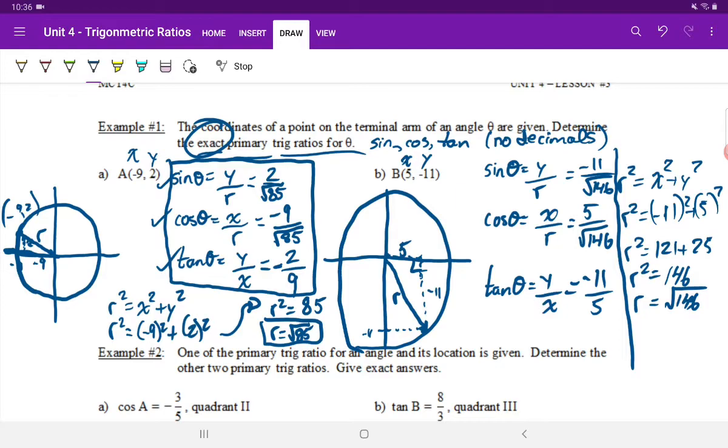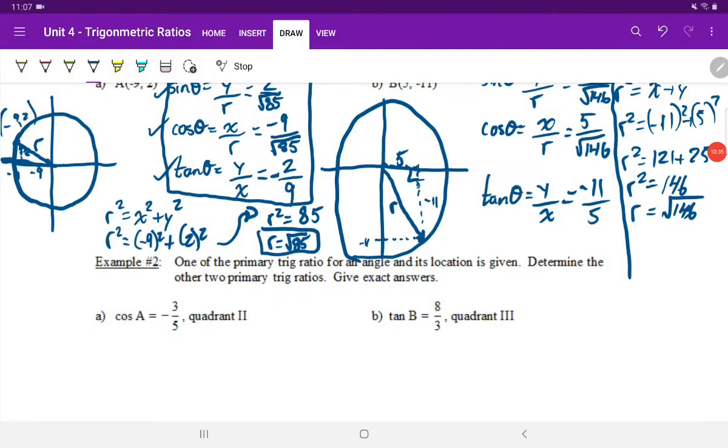Now, it's not proper for us to leave a square root in the denominator. I'm not overly too worried about it right now. I want us to learn this, and then maybe in our next lesson, I'll show you how to deal with that. But you'll find that your answers in the textbook won't have the exact same answer as you, especially when you have a square root in your denominator.